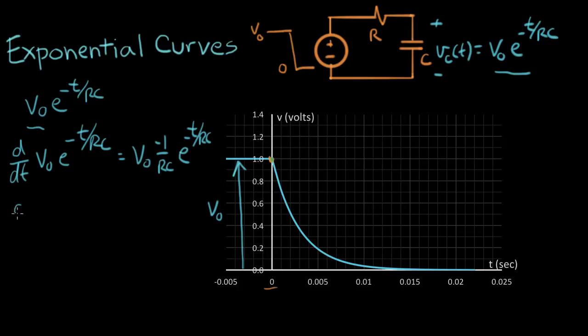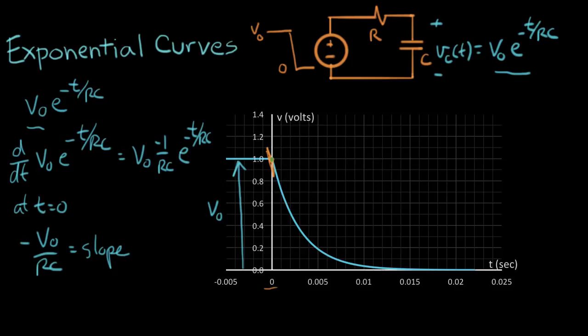So now we evaluate it at t equals 0, and we get minus V naught over RC, and it's e to the, I plug in 0 for t, it's e to the 0, and e to the 0 is 1, so that equals the slope at time equals 0. So that's the value right here. That's what that slope looks like, that tangent line to the curve.